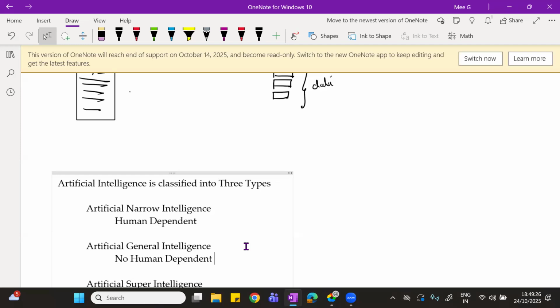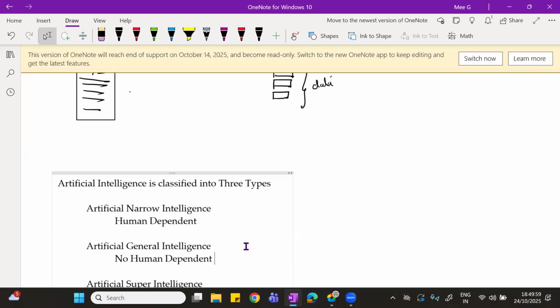Now, coming to the medical field. Currently, if there is a fever or some disease, cold, cough, anything, there are generic medicines based on a generic formula that we take.